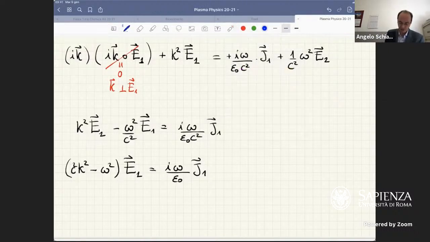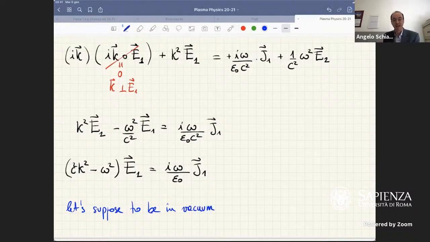Let's suppose to be in vacuum, just in order to check that we are progressing in a good direction. If we are in vacuum, J1 is equal to 0. In vacuum there are no charges, there's no plasma, so there are no currents.